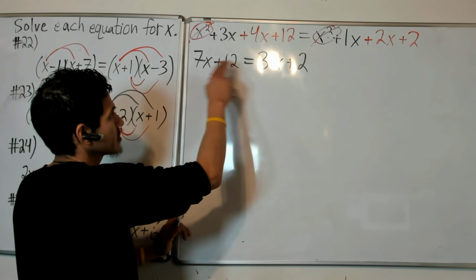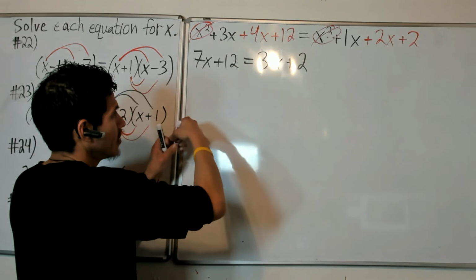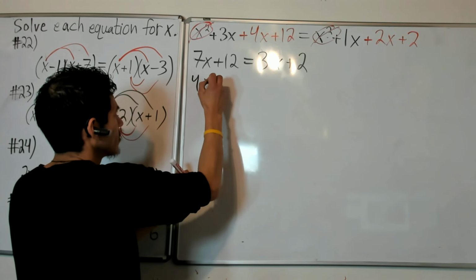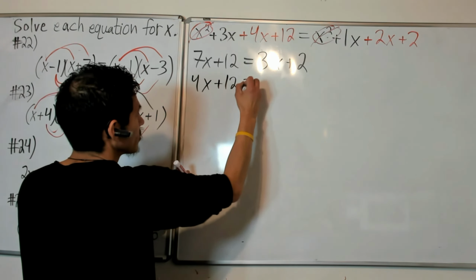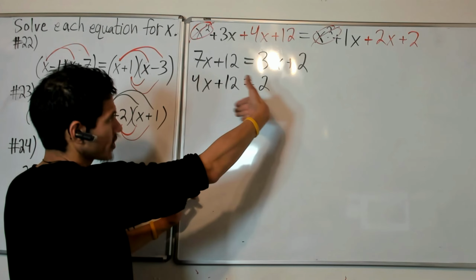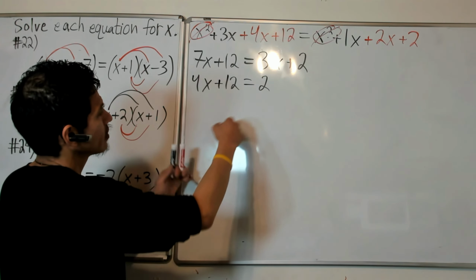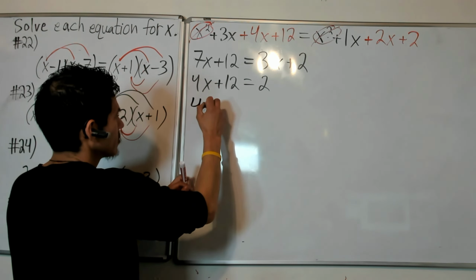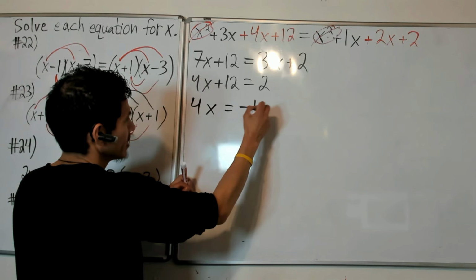Let's get rid of this 3x from each side. If we get rid of 3x from each side, we'll just get 4x plus 12 equals 2. Take away 12 from each side. And then we'll get 4x is equal to negative 10.